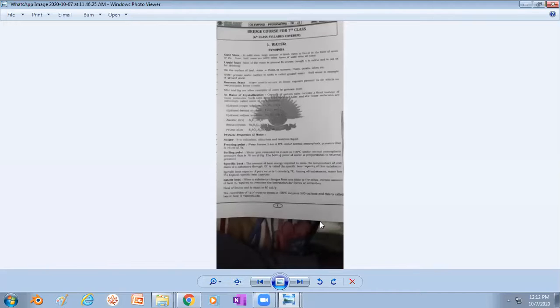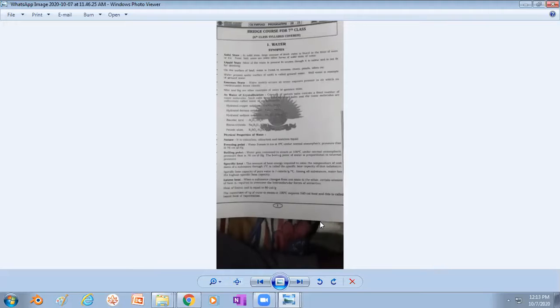Next, water of crystallization. So, what is the water of crystallization? We know very well that crystals of certain salts contain a fixed number of water molecules.